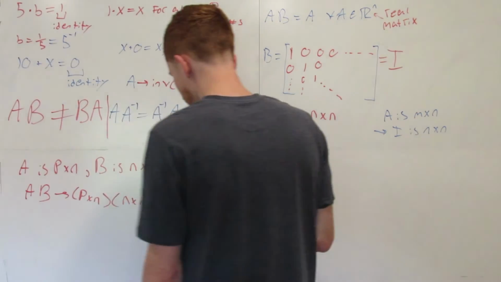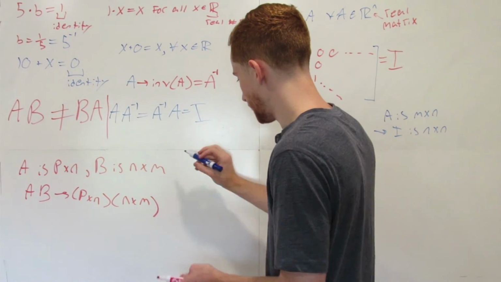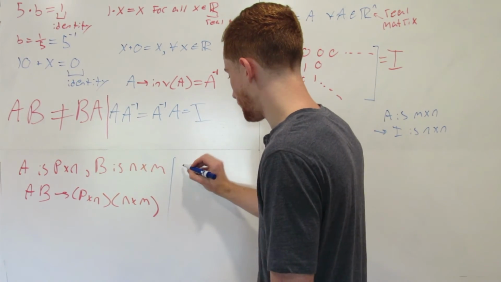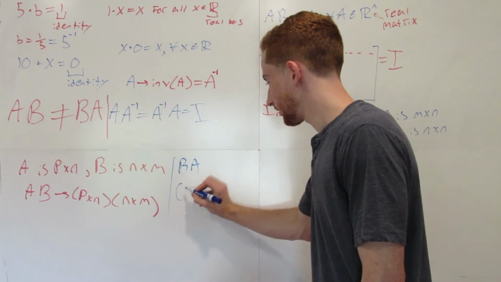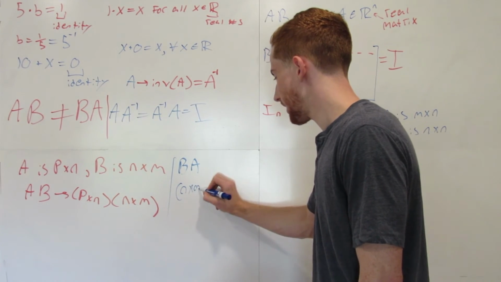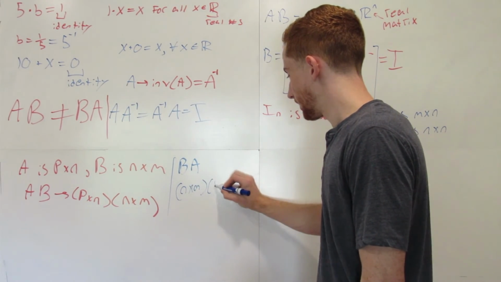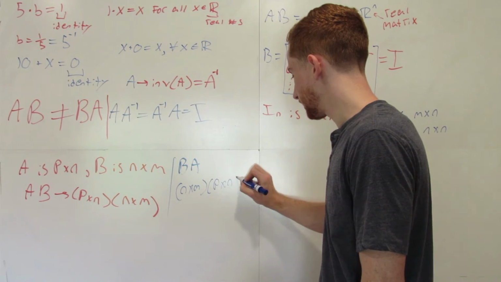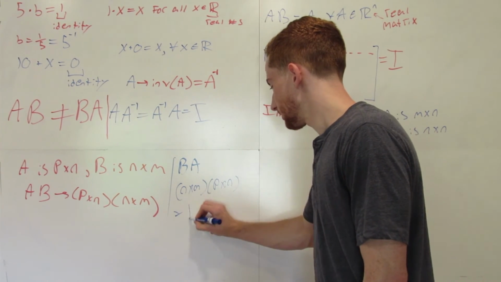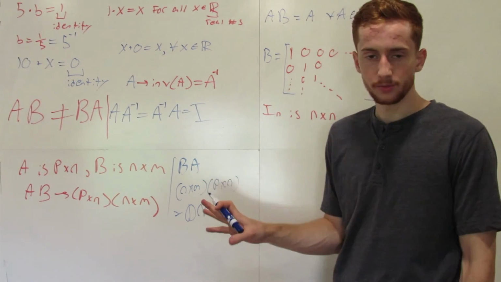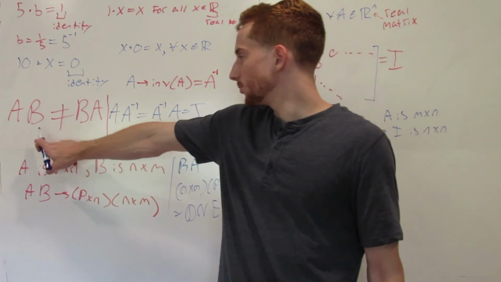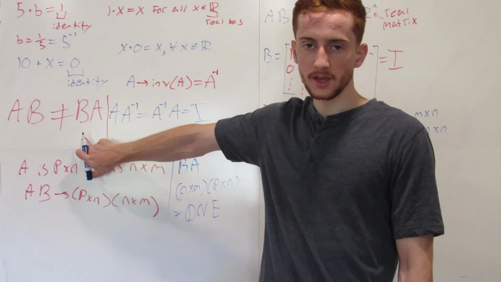But if I do BA, I'm going to get N by M times P by N, and this does not exist. So that's a quick proof showing that AB is not necessarily equal to BA.